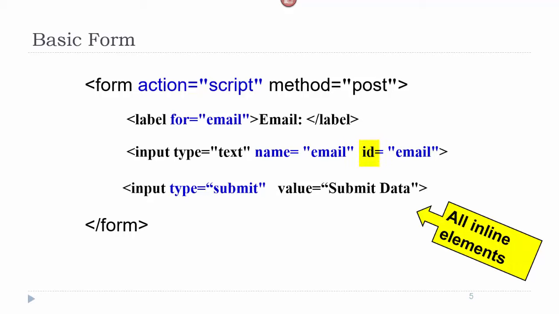The ID attribute is used for CSS and JavaScript. Because these attributes are unique, you will commonly see the same value being used for both. The only instance is with radio buttons, where they all need to have the same name.